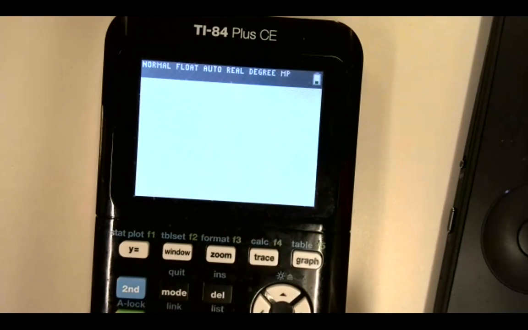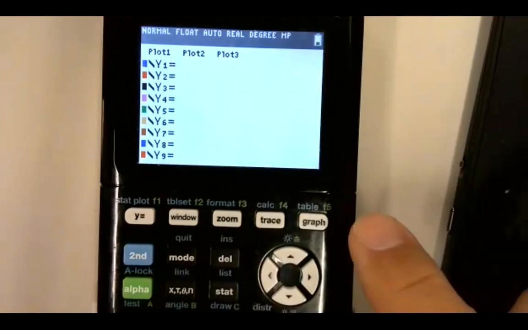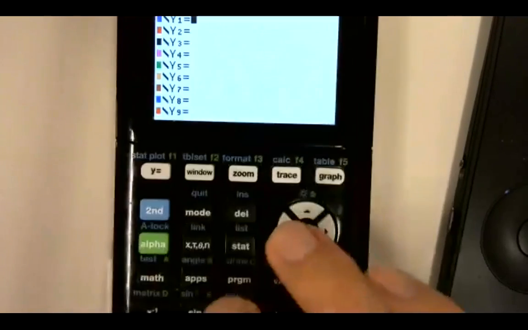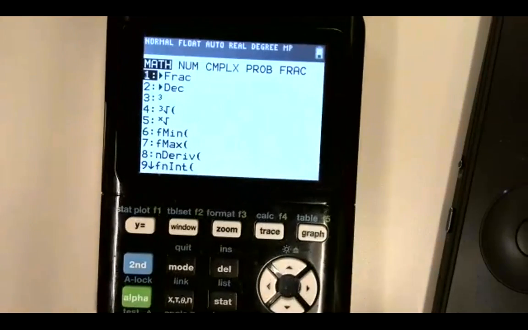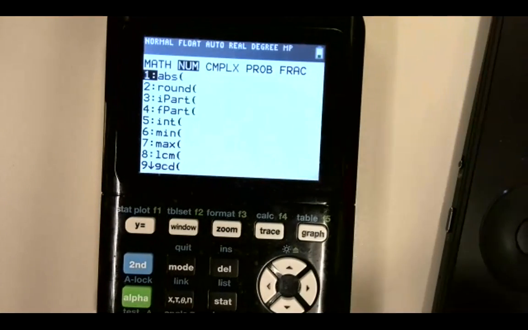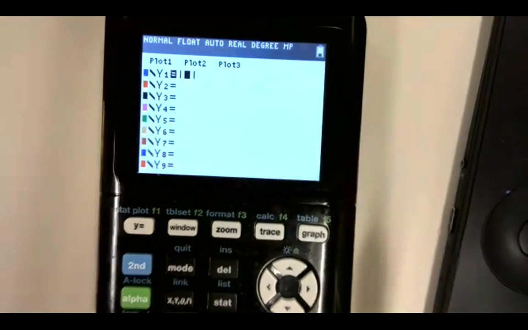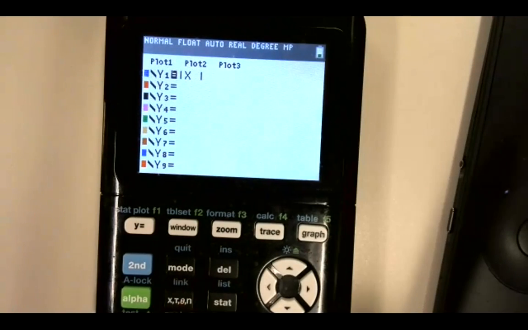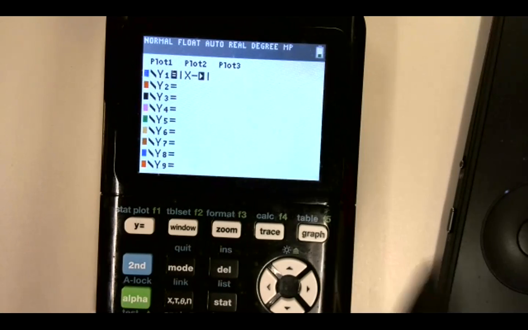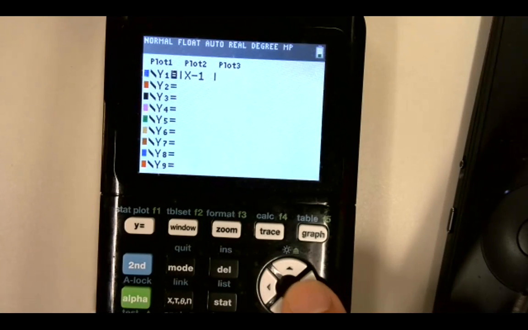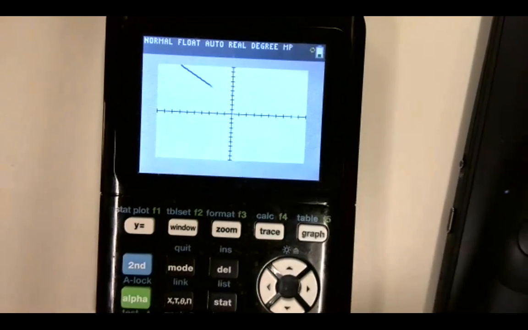If we're trying to graph this, y equals, and I want an absolute value, I hit the math button, and then I go over to NUM, and that ABS is how I put the absolute value in. So if I'm trying to do x, I would just put an x in here. If I'm trying to do x minus 1, I do minus 1. If I'm trying to put something on the outside, make sure you hit over, like plus 2, then you can graph it.